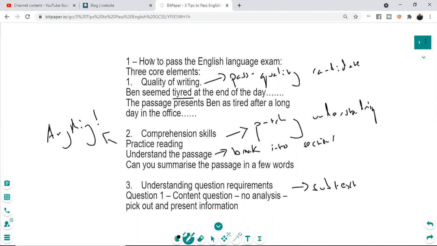So that was just for question 1. Again, I can't go in on this video to all of the different question types and question requirements, because I'm just giving the 3 most important things you can do. So this falls into your exam technique. And again, this is something I go into on my courses and in my textbook, going into a little bit more depth on what each of the questions actually requires.